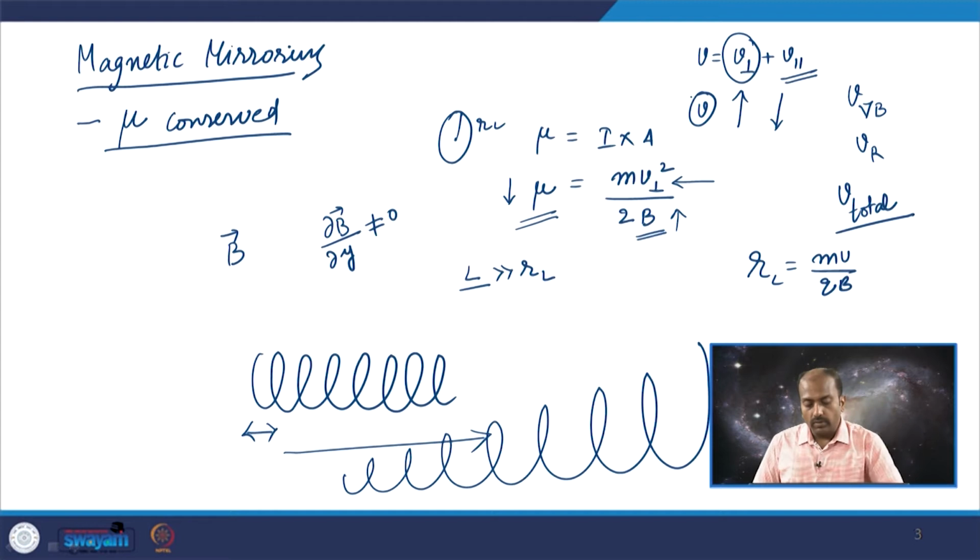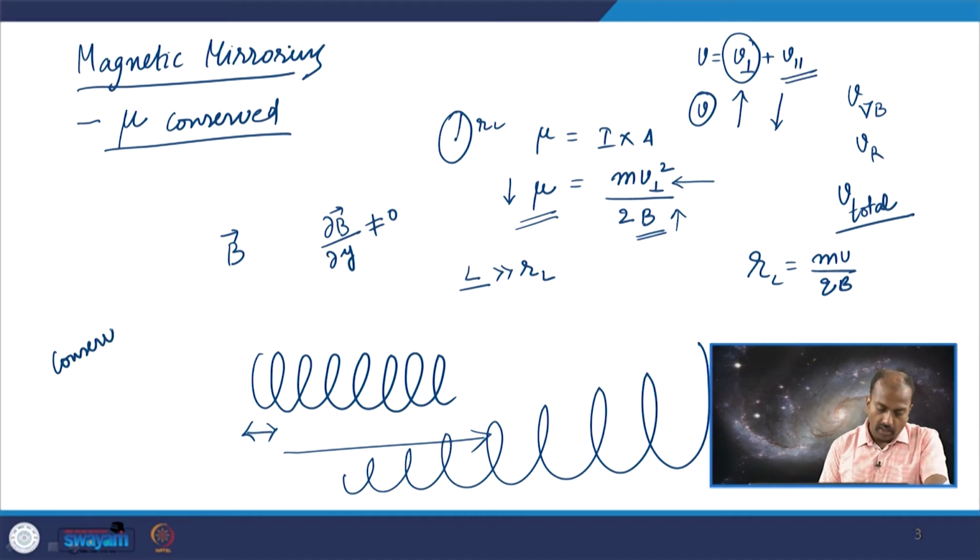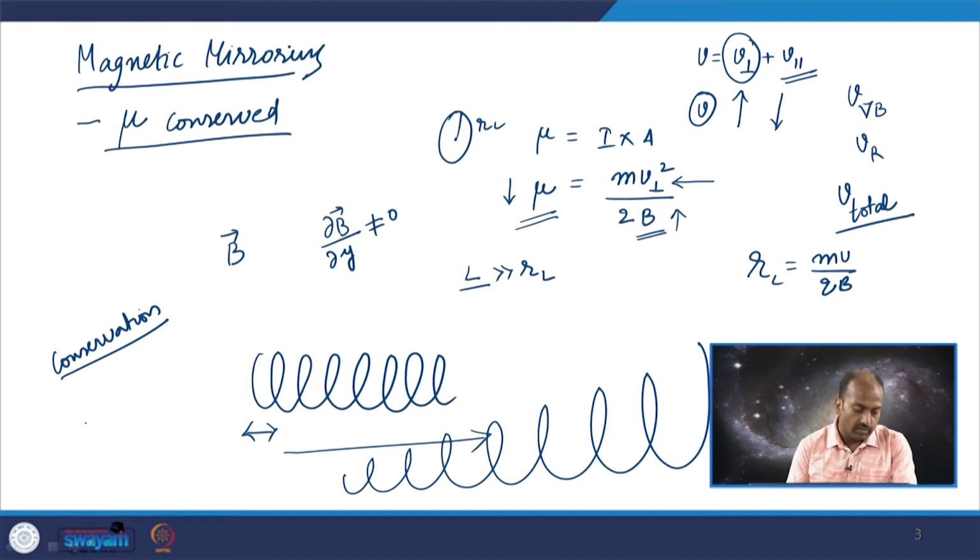So, this is a special type of conservation, a conservation under a special case. So, what type of conservation is this? Generally we are very well aware of the conservation of mass, conservation of charge, or conservation of energy. While discussing charge conservation or mass conservation, we do not impose any conditions.